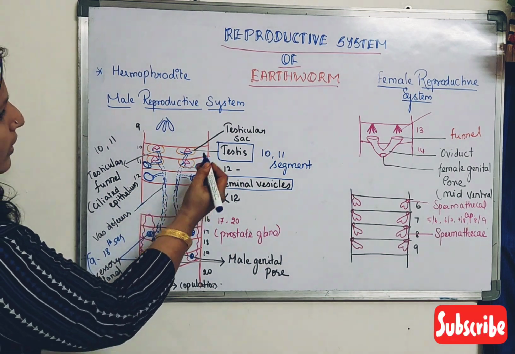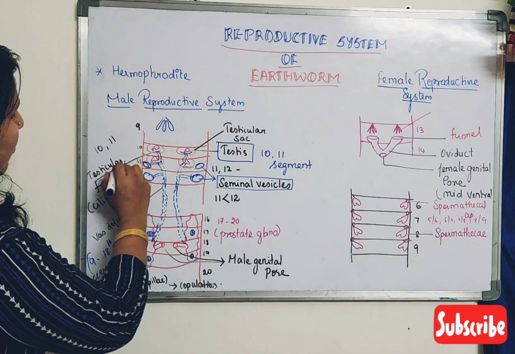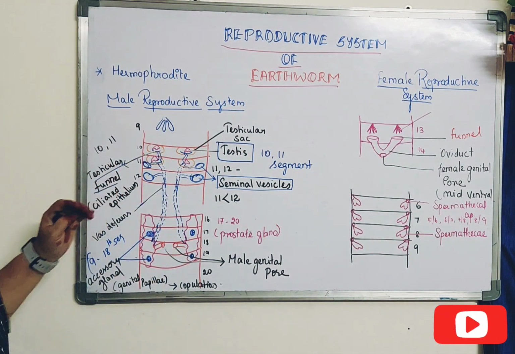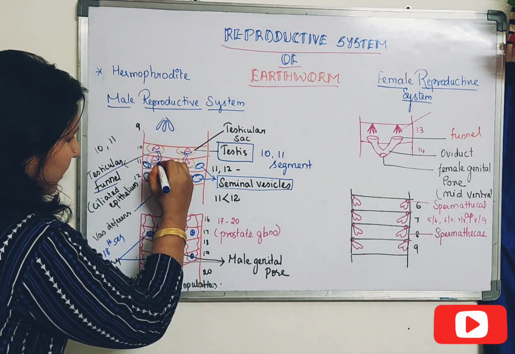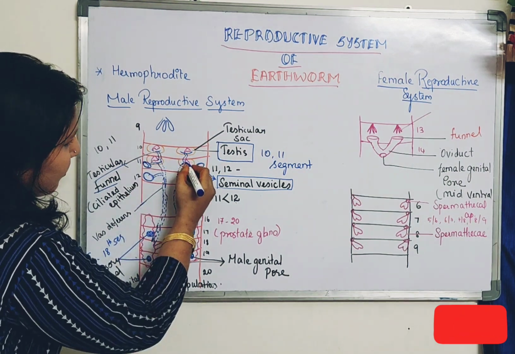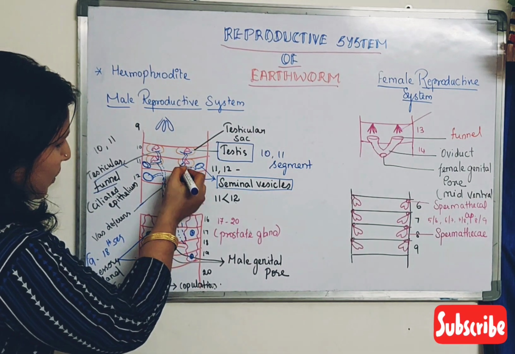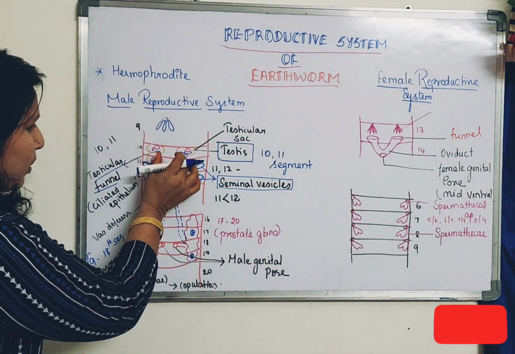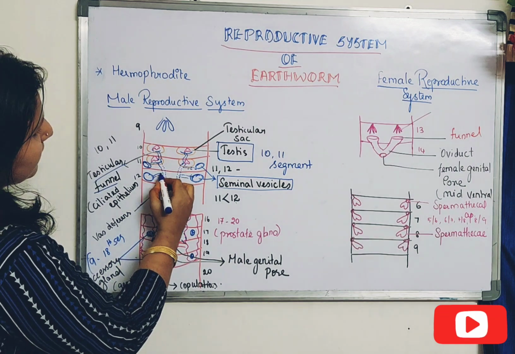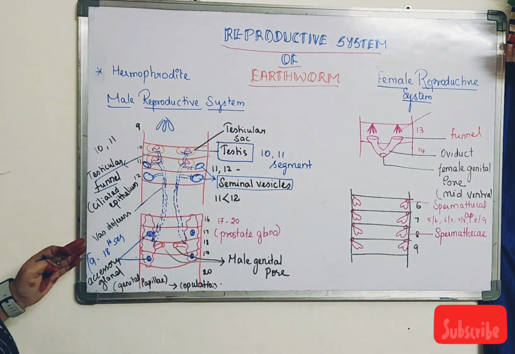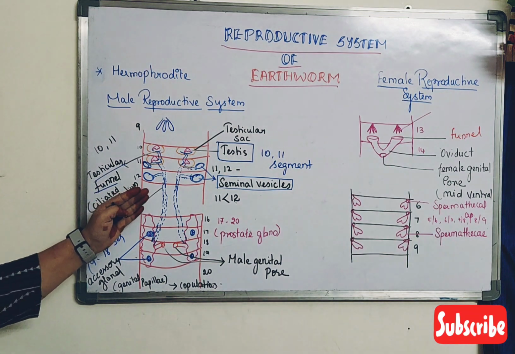The testicular funnel, which starts from the 10th segment, is connected to the 11th segment, and the seminal vesicles also connect to that testicular funnel. Coming to the 12th segment, it again attaches to the testicular funnel, and it slowly comes back.